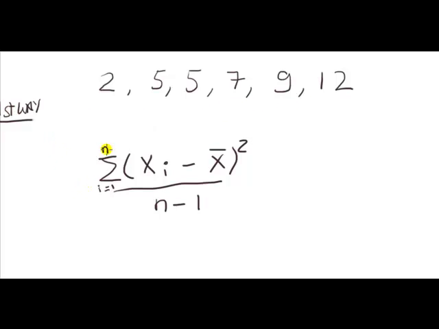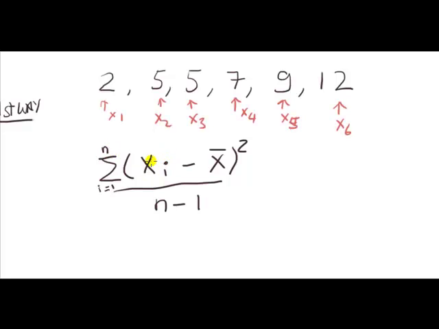Okay, first way. Here is the formula for the sample variance. Now let's look at what this notation means. This here stands for summation, add up. Xi stands for the individual observations, where i is a counter from 1 to n.